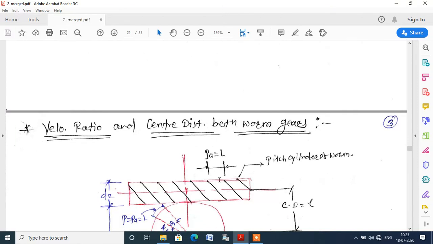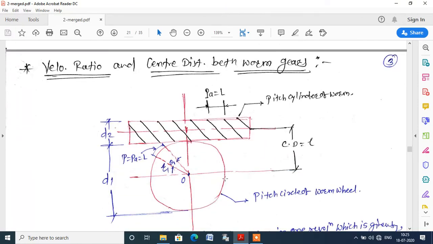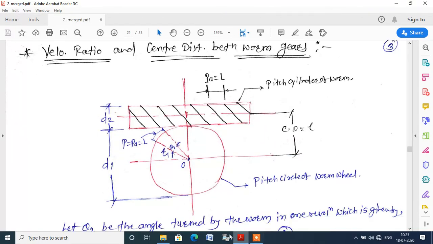Now velocity ratio and center distance between the worm and worm wheel. The pitch circle diameter of the worm is d2 and of the worm wheel is d1. The axial pitch Pa equals L. Let R1 be the pitch circle radius of the worm wheel.